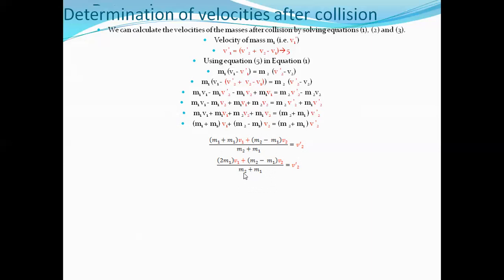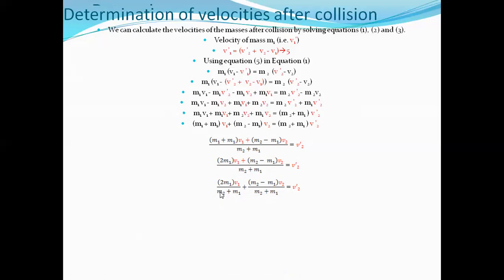Now we can separate these two values because they both have the same LCM, so it can be written as 2 m1 into v1 divided by (m2 plus m1) plus (m2 minus m1) into v2 divided by (m2 plus m1) is equal to v2 dash.